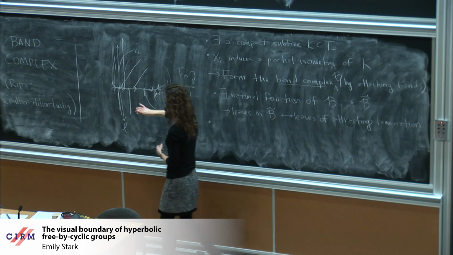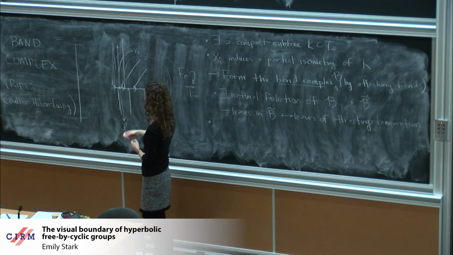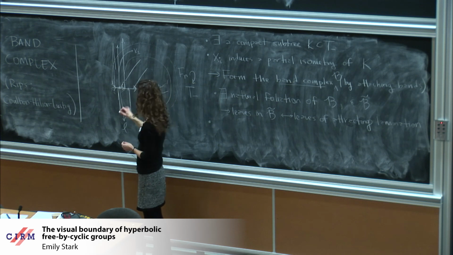And one procedure you perform on band complexes is Rips induction. That means if you ever see a band, if you ever see a sub-segment of the tree that's contained in only one band, you remove that band and continue and continue and continue.